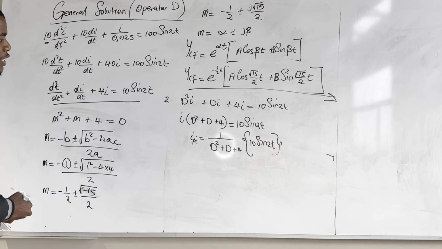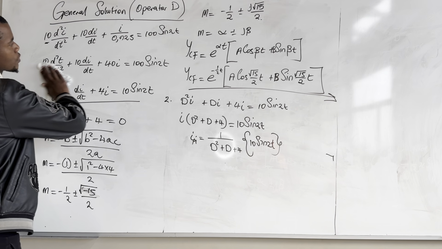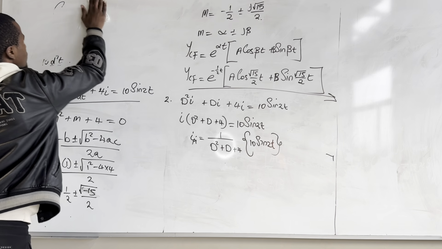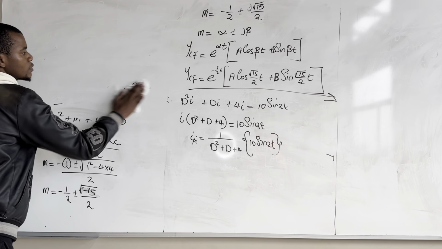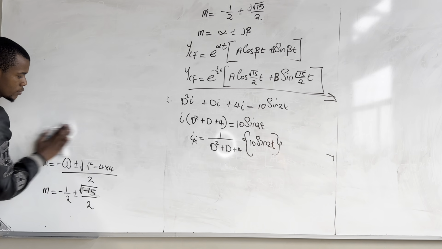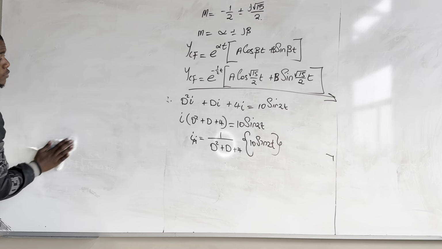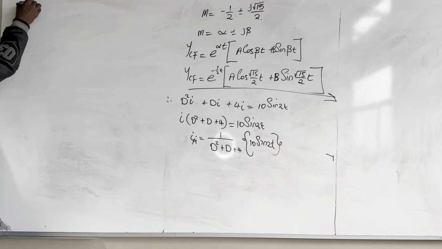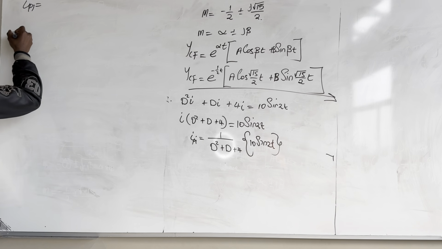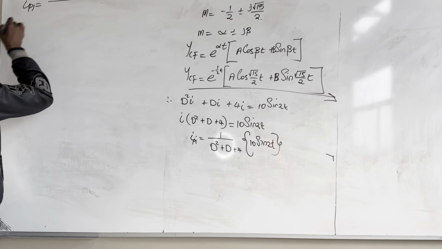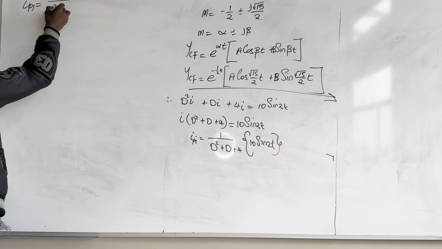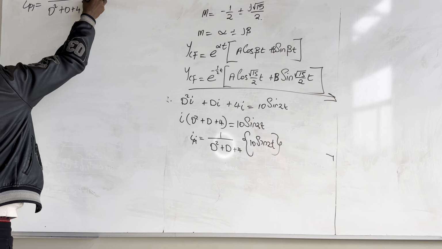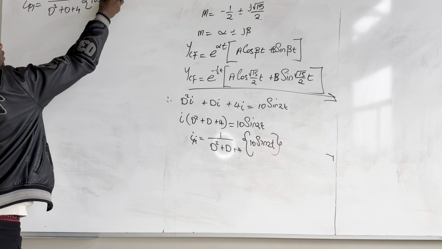Okay, so we can just simply erase this part. So we have a particular integral of 1 over D squared plus D plus 4 operating on 10 sine 2t.